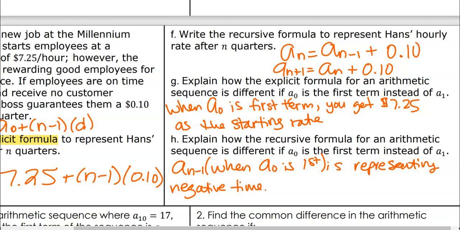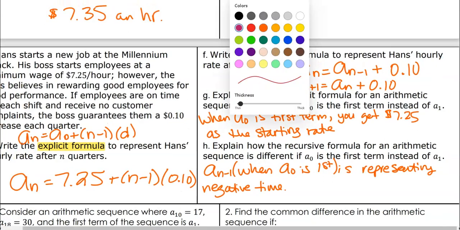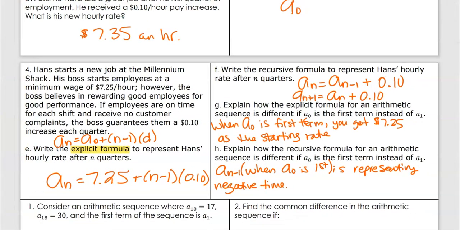So to keep it applying to our real world stuff, we need to represent a n plus 1 as moving forward and using a sub n as the first term because we're using 0. We don't want to go back in time ever. Okay. Let's do some more. That's going to help our math make sense if we keep practicing more and more.